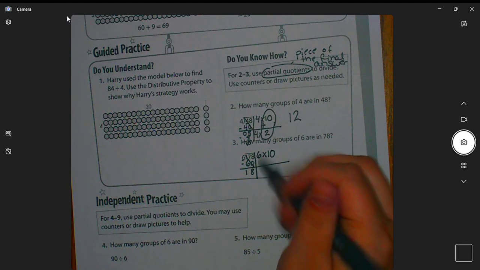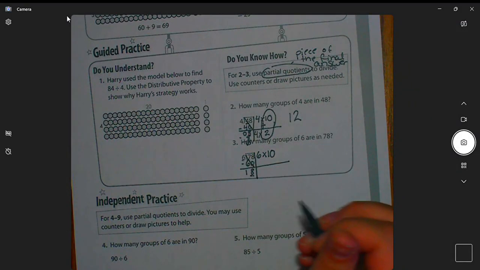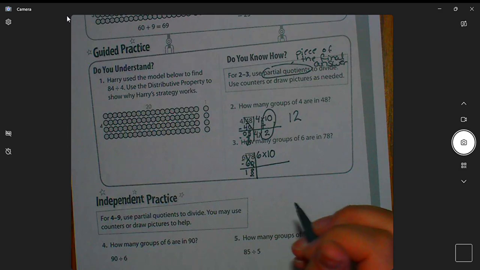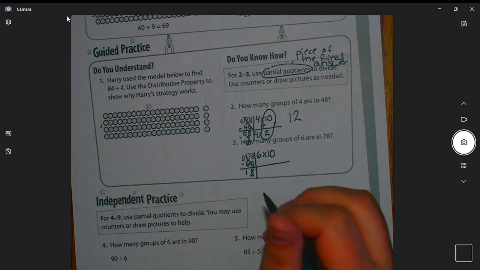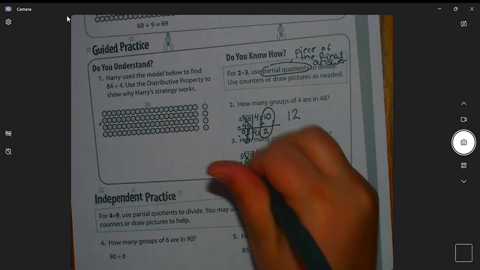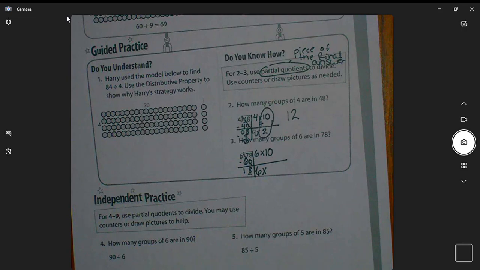Yes. So I'm going to underline the 8 because that is the place I'm going to use to multiply. I'm going to use the ones place to multiply. How many 6s can I fit inside of 18? You're right. It's 3.